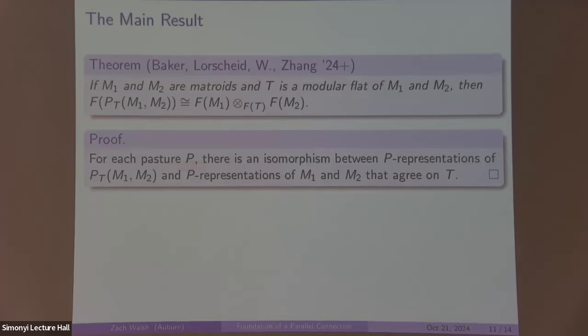It's a short proof, but it is explicit. It's an explicit isomorphism between P representations of these two types.